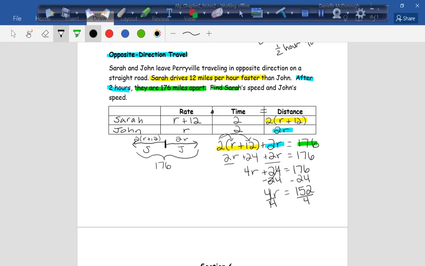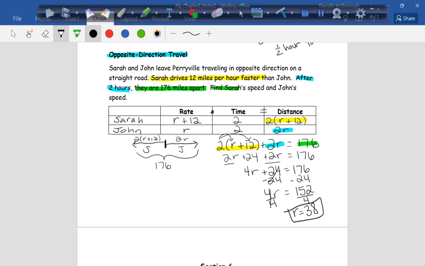Divide by 4. R is equal to, what's that going to be? 38, I believe. Yeah, 38. So R is equal to 38.